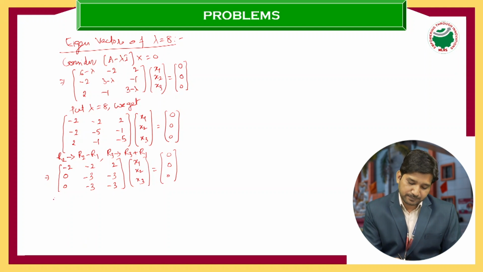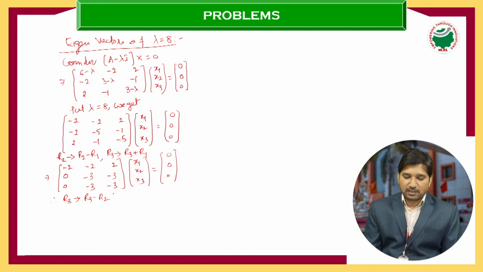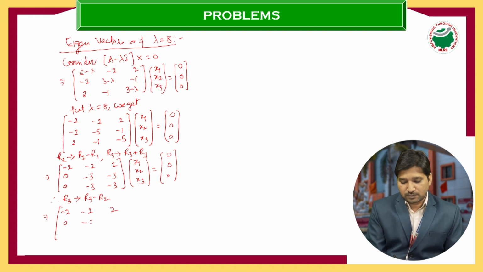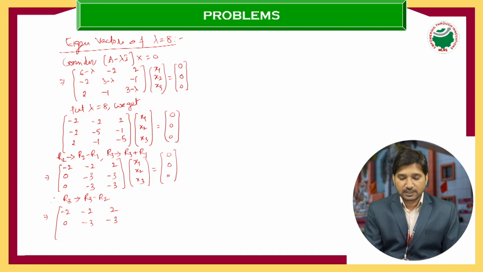Next, we can easily make zeros for the third row using row 2. Just write r3 implies r3 minus r2. Write down minus 2, 2, 0, minus 3, minus 3.